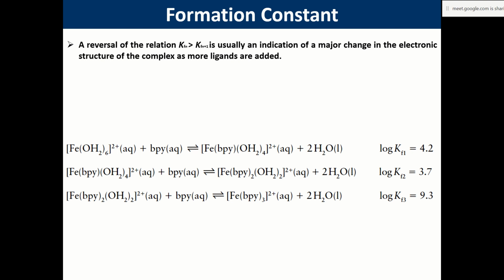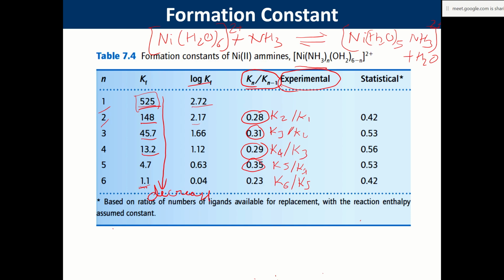That signifies that something is happening with respect to the change in structure or the number of unpaired spins present in the complex. So this was the case assuming there is no change in the spin multiplicity and no change in the structure of the complex.